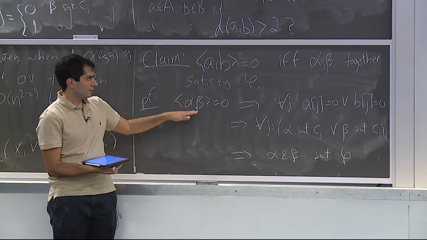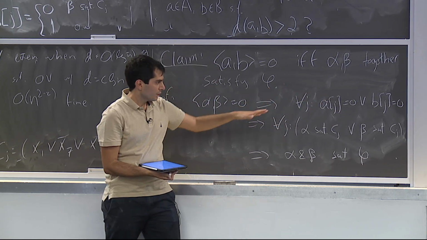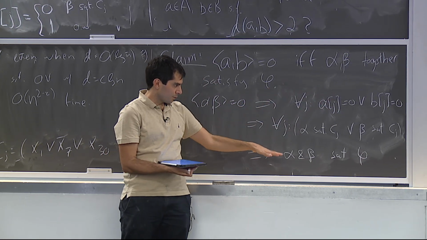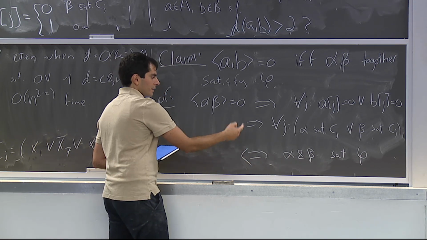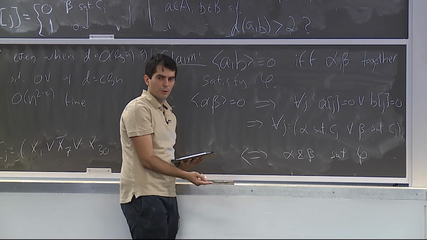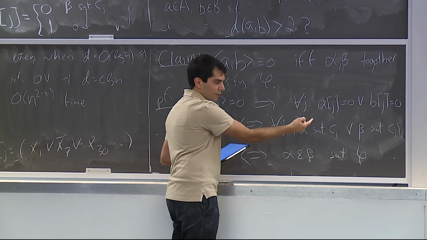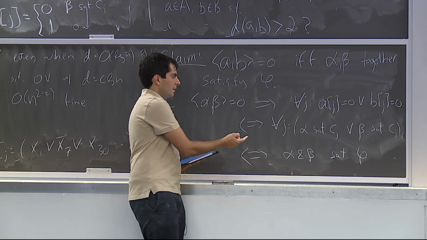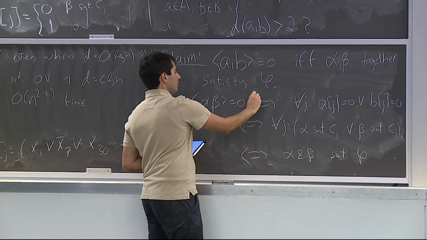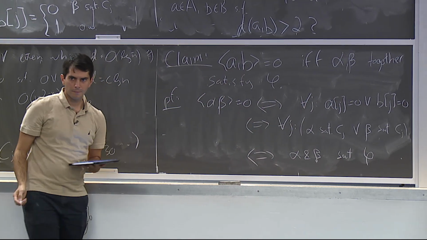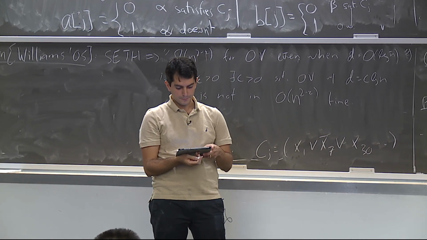If they're orthogonal, then for every clause, one of them has to be 0, which means that one of them has to satisfy, which means that together they satisfy the formula. And everything I said works in the other direction. If the pair satisfies the formula, then they satisfy every clause. Then for every clause, one of them at least satisfies it. And then for every coordinate, one of the two vectors is 0, which means that they're orthogonal. So that's the reduction.